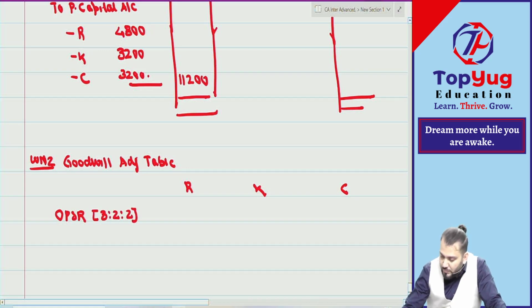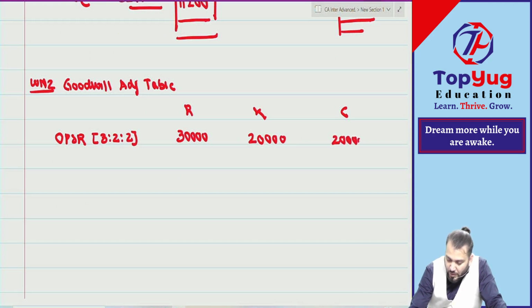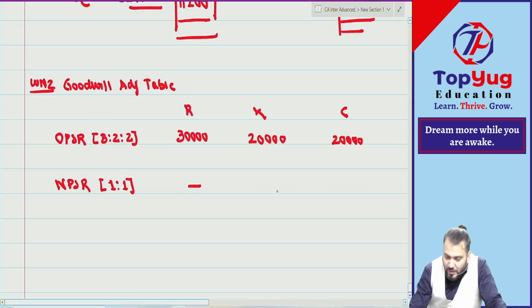Allocate 30,000, 20,000 and 20,000. Then which ratio? NPSR 1 is to 1. Who retired? R, so nothing will come to R, and it will be 35,000.